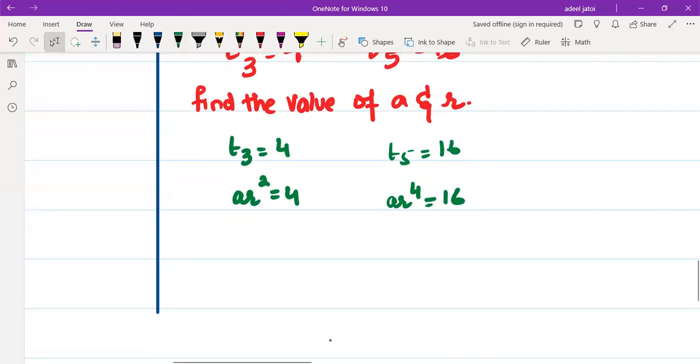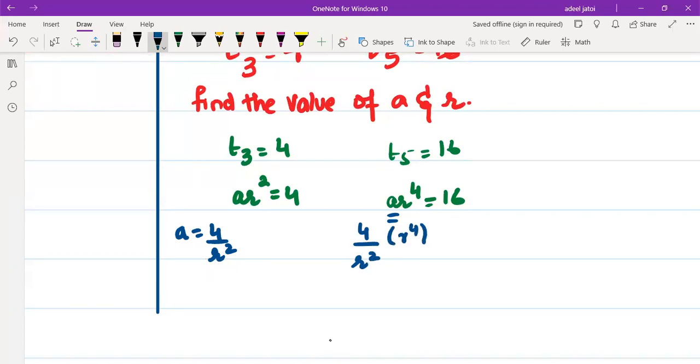4. So in this regard, I can easily do the simultaneous equation method. So A is equal to 4 upon R squared can be used, and I can easily use 4 upon R squared in place of A. And R to the power 4 should be equal to what? 16.